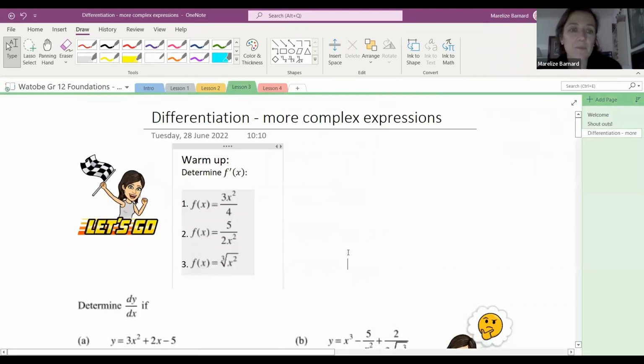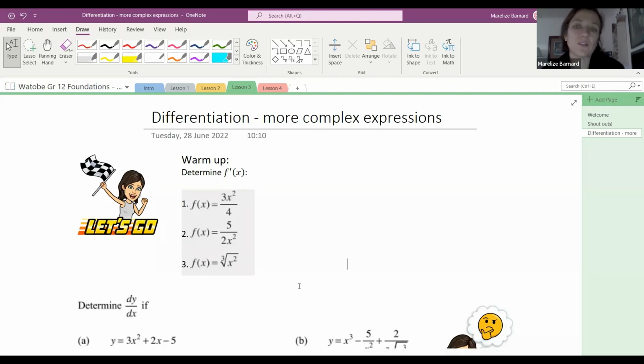So today, just to remind us of that, I just want you to do these 3 sums in the warm-up. Remember, our basic idea is to not have any algebraic fractions and no roots.